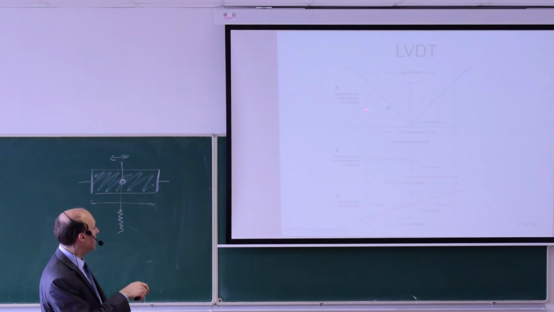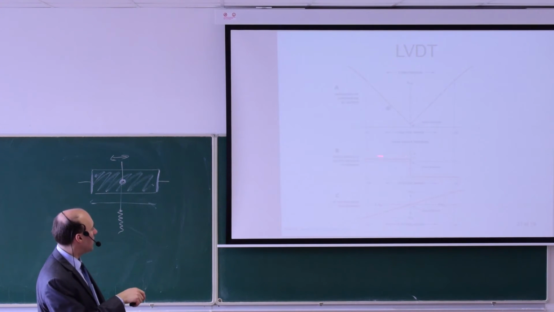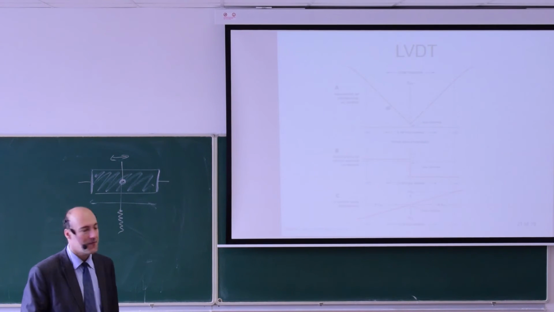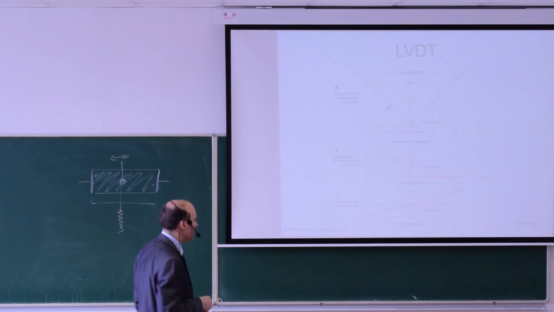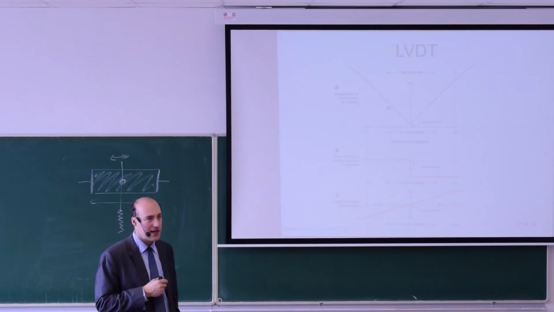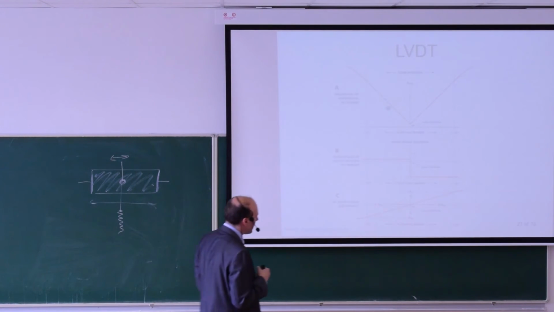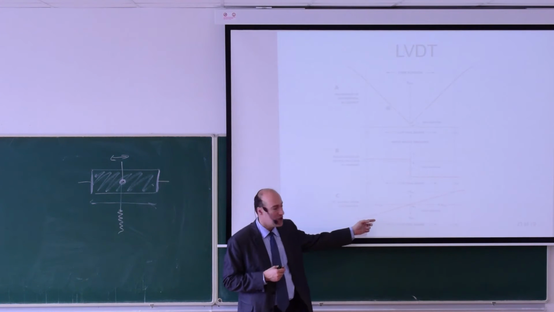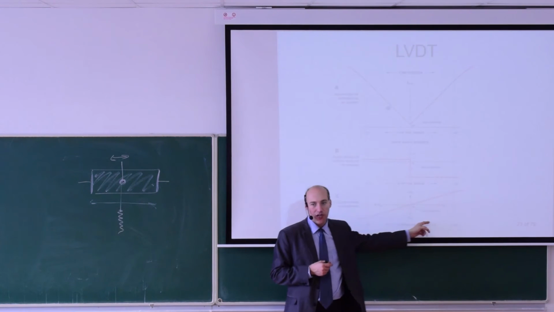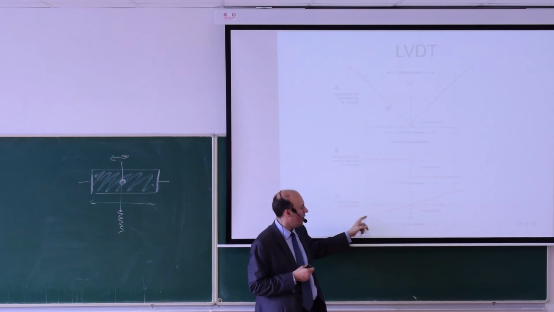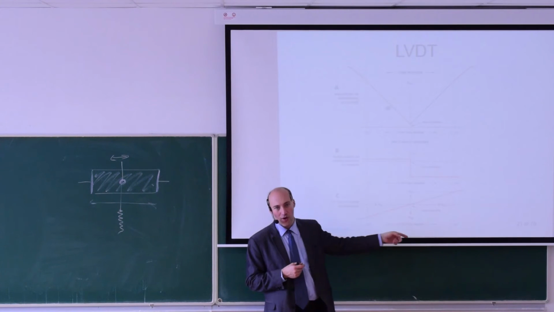So in one quadrant you have some phase shift, and in the other one you have a different phase shift. So if you combine this together in an electronic circuit, you can have this dependence. So the output voltage is a linear function of position in the whole range.